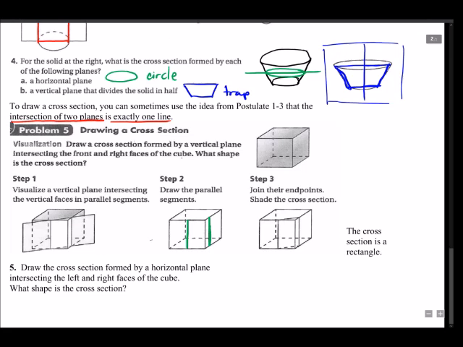If you draw your parallel segments, we're doing a vertical segment here, vertical plane, and then I just connect the two back there. And what we end up with is just a rectangle.